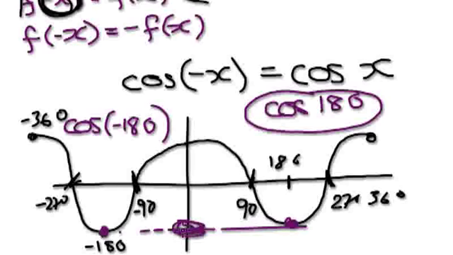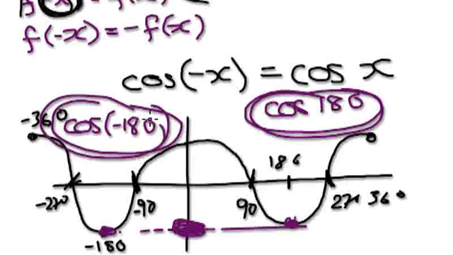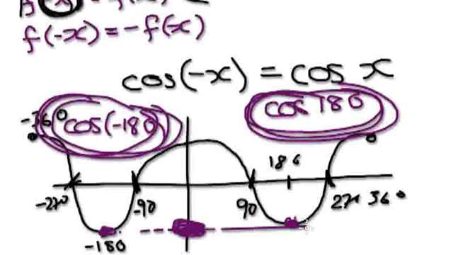Cosine of 180 is negative 1, and this is still negative 1. So far we can speculate that these two are the same, because this here is negative 1, and this here is also negative 1.